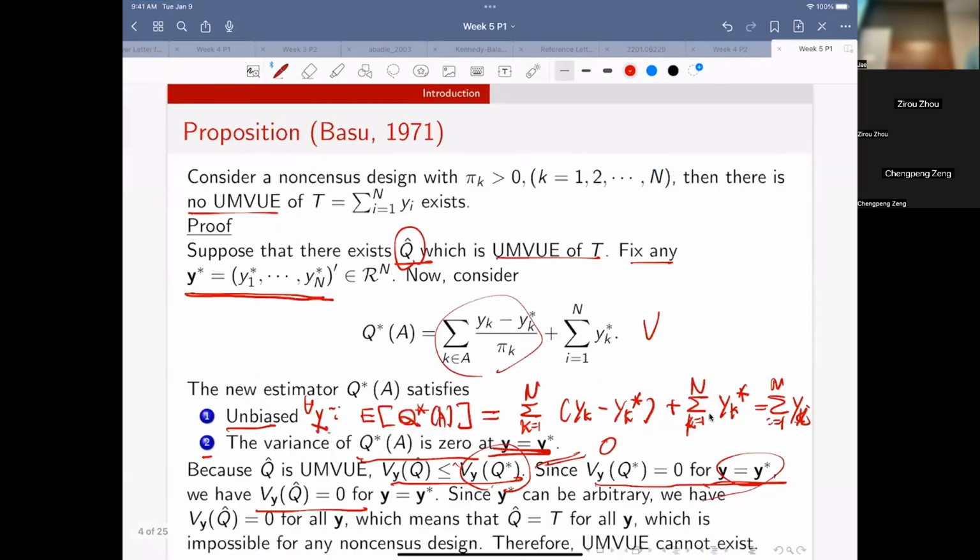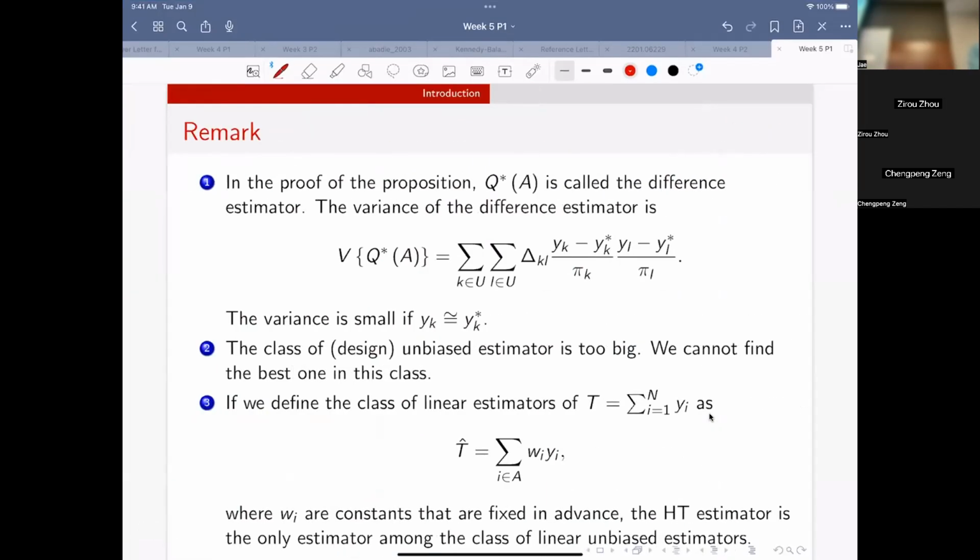Okay. So that is kind of a shocking result in the history of survey sampling. It means that the class of design unbiased estimators is too big, so we cannot really find the best one.